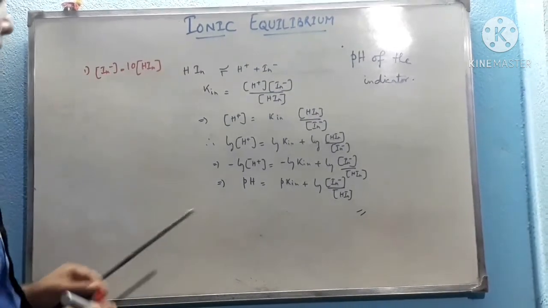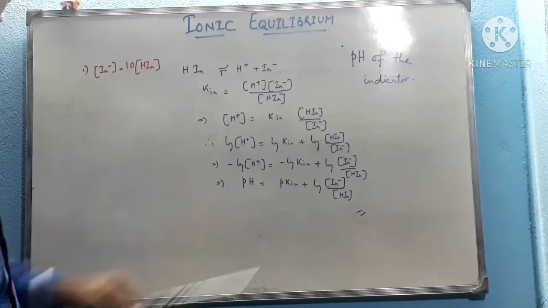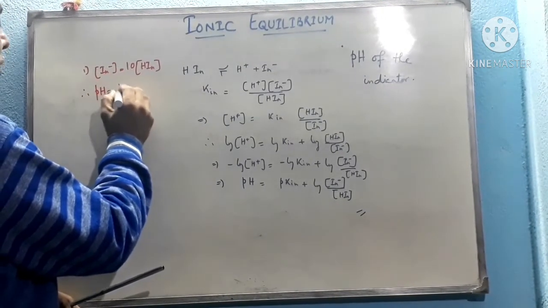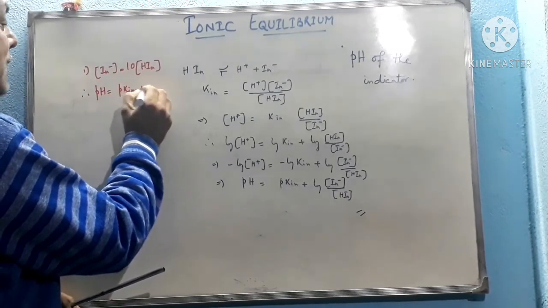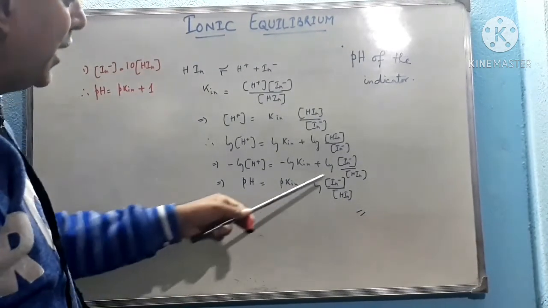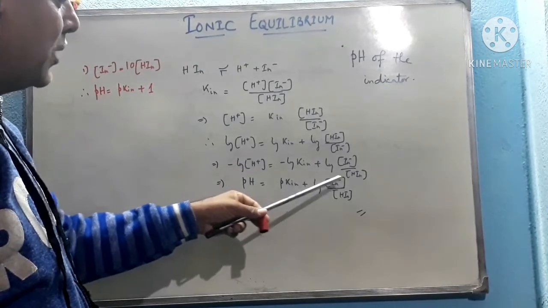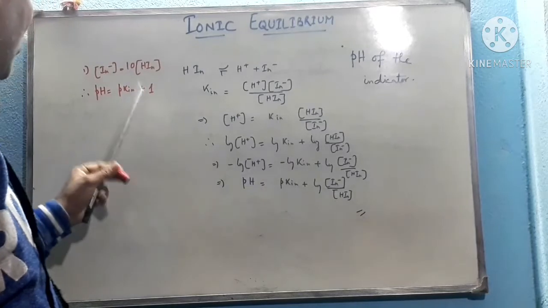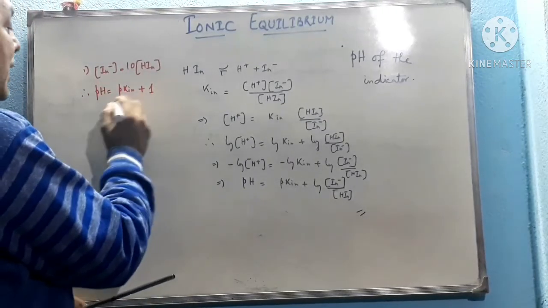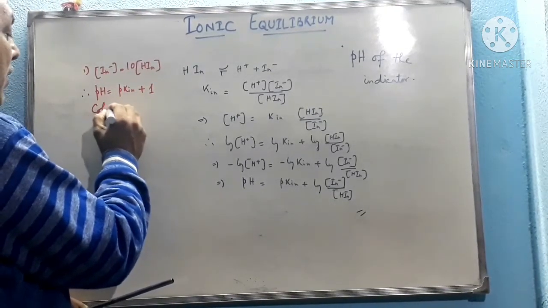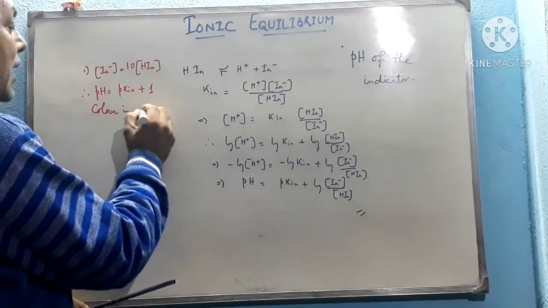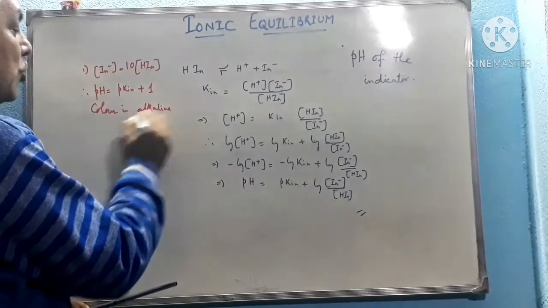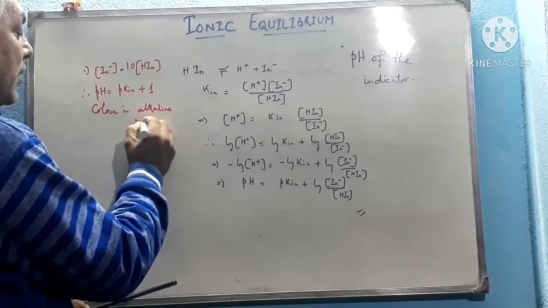In this first case, the expression becomes pH equals pK_In plus 1, because instead of In- we can write 10 HIn divided by HIn, so it becomes log 10, which is plus 1. So this is the color in alkaline medium, because pH is greater than the pK_In value.